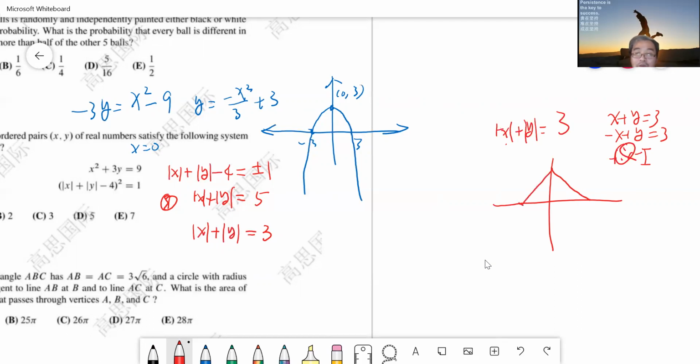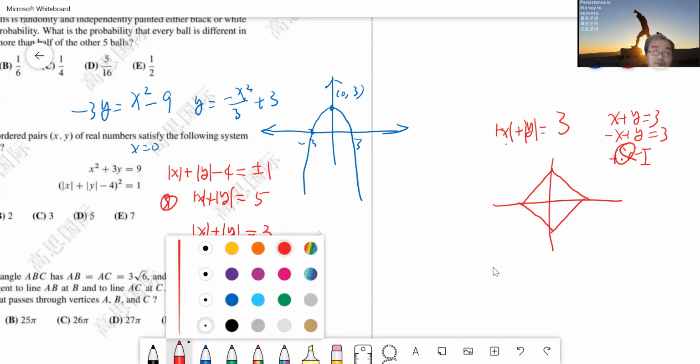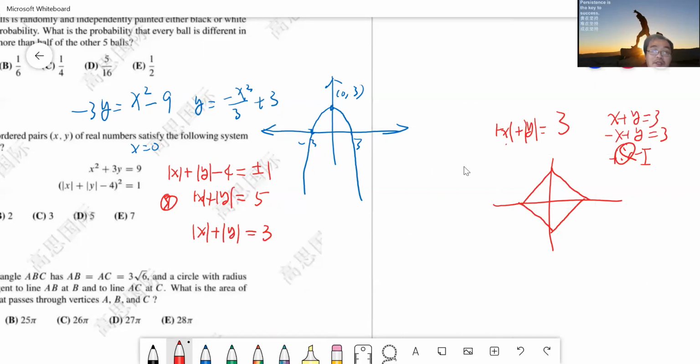So basically you do the four quadrants, and you get a diamond. Actually it's square-like, right? Okay, so if we graph this, there's going to be a shape like this. Okay, so this gives us 3 solutions, right?